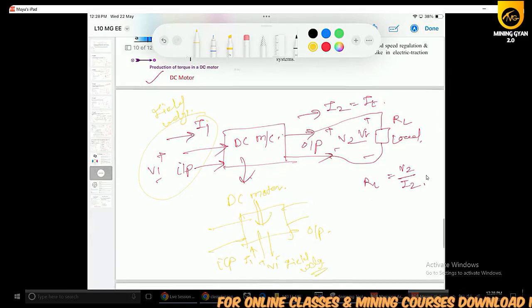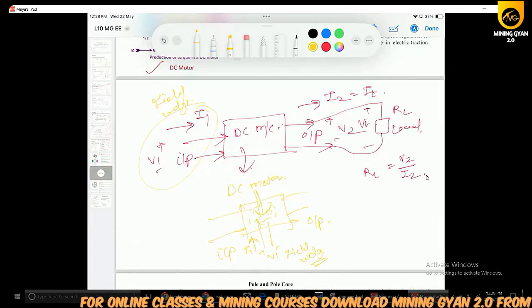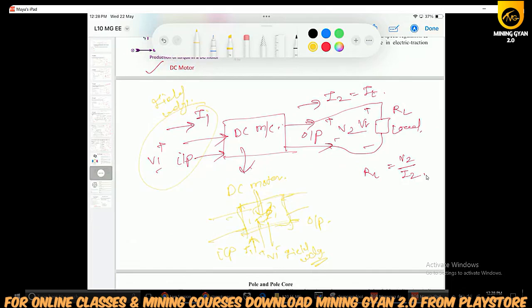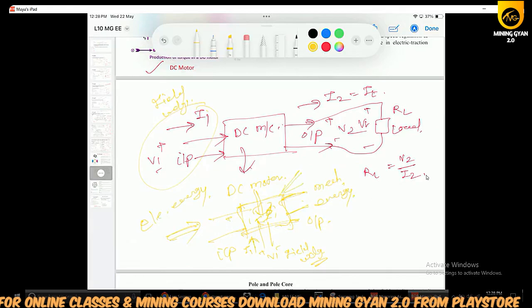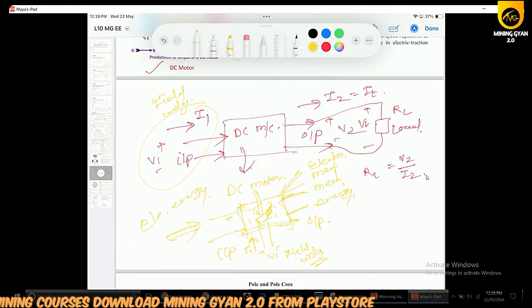In the field winding, you have to supply the current such that there will be magnetic flux inside the machine, such that you will get the induced EMF or back EMF. So in a DC motor you have to supply electric energy, and you will get mechanical energy as the output. So this system is an electromechanical energy conversion device.